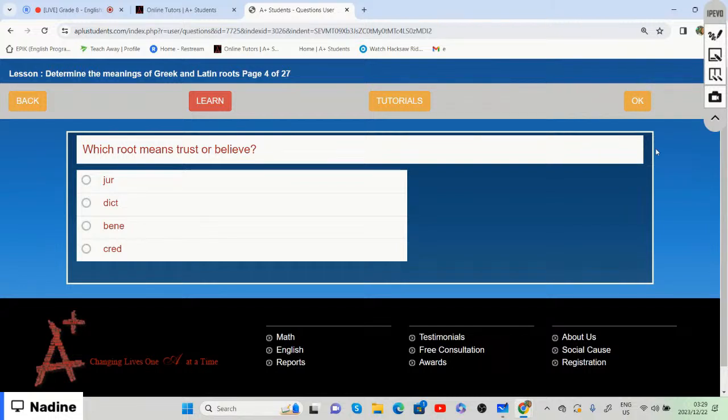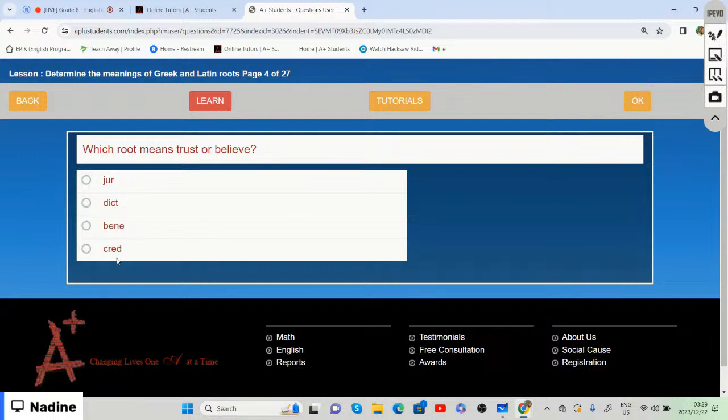So we need to see which root means trust or believe. Is it jur, like almost like short for jury, jurisdiction? Is it dict, or dictate, dictation? Bene, benefactor, benefit, or cred, credible, yeah.